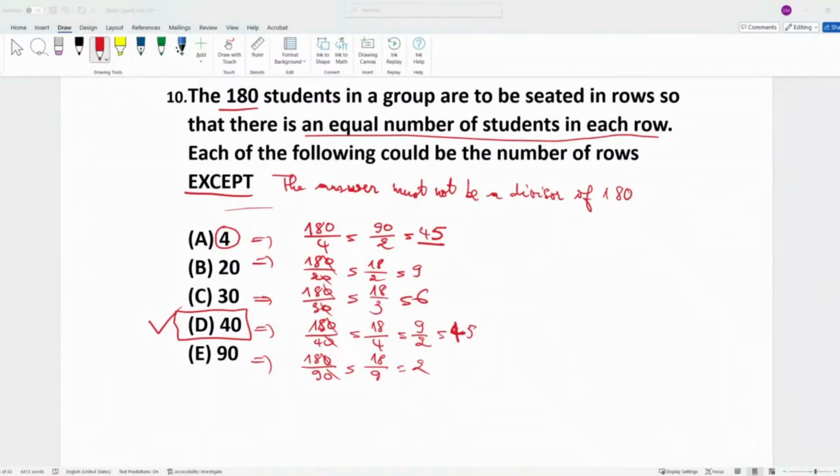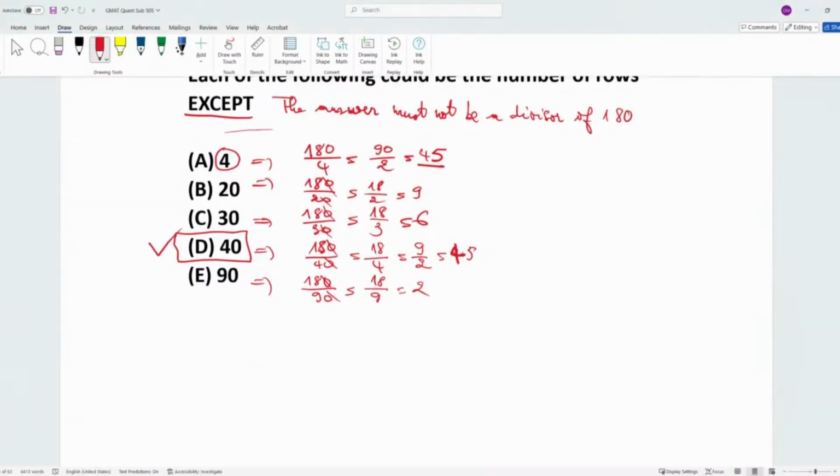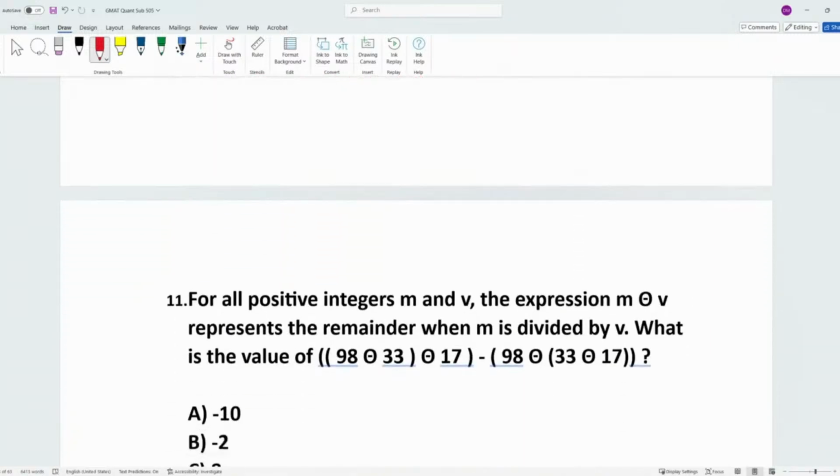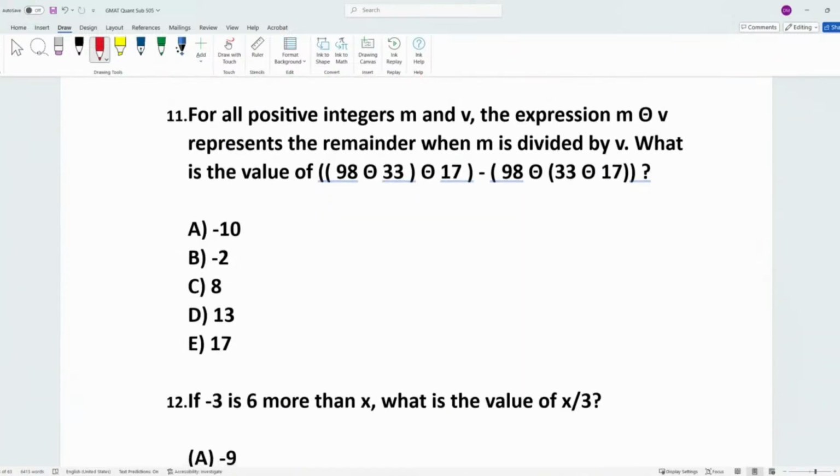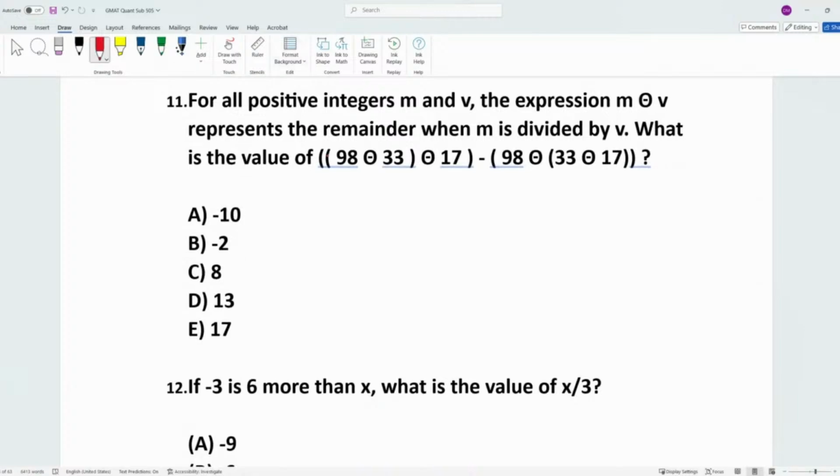The next question. Let's find the next question. So it says, for all positive integers m and v, the expression m mod v represents the remainder when m is divided by v. What is the value of this expression here? So what we can start by doing is finding the value of what we have in the brackets here.